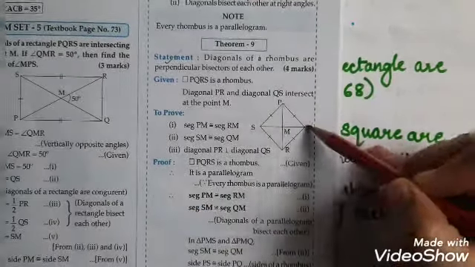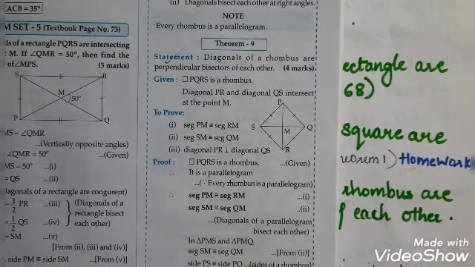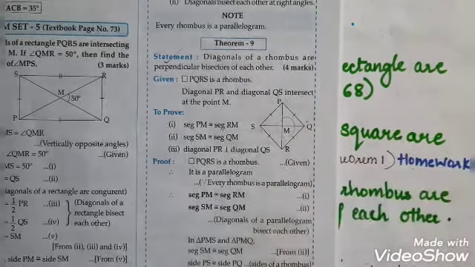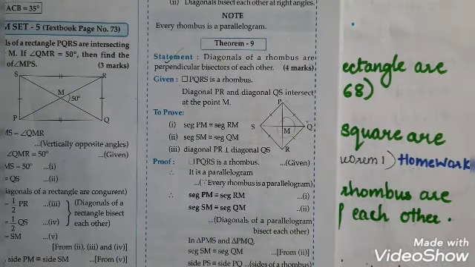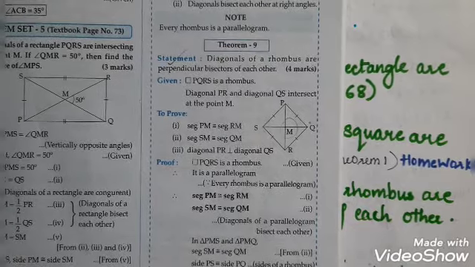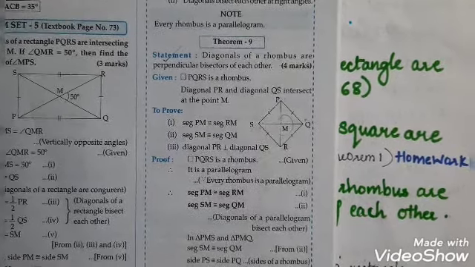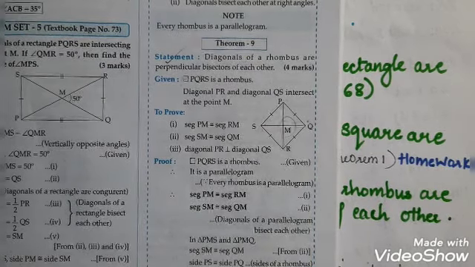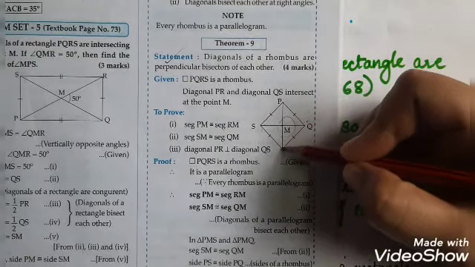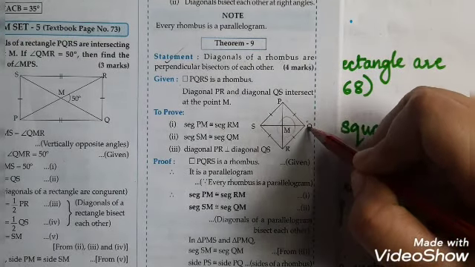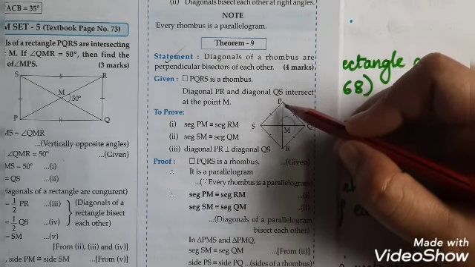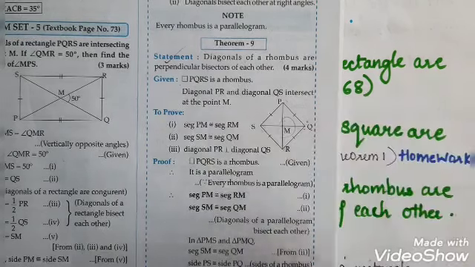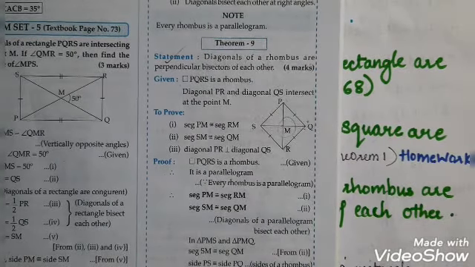So you can see PQRS is a rhombus where PR and SQ are the diagonals which intersect at point M, and I have to prove the diagonals are perpendicular bisectors of each other. So I have to prove PM is congruent to MR and SM is congruent to MQ. Then I have to prove that PR is perpendicular to QS. These are the three things which we have to prove.